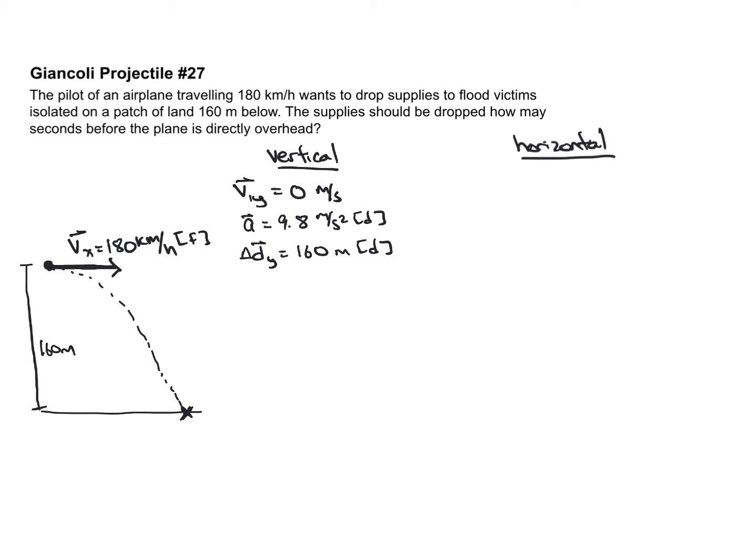I can find the time. And I'll use the uniform acceleration formula number 3. The v1 delta t term all ends up being 0 because the initial y velocity is 0. Let's solve for the time. Done this a number of times in this set of projectile problems.